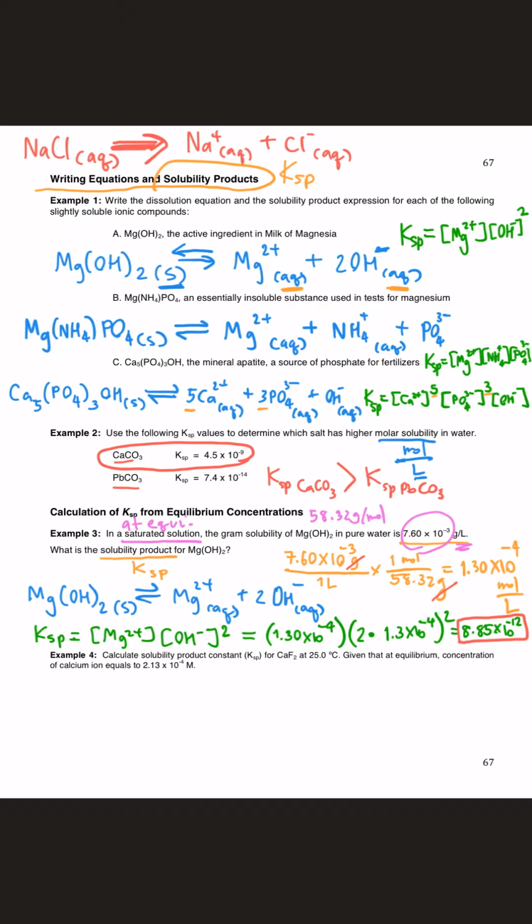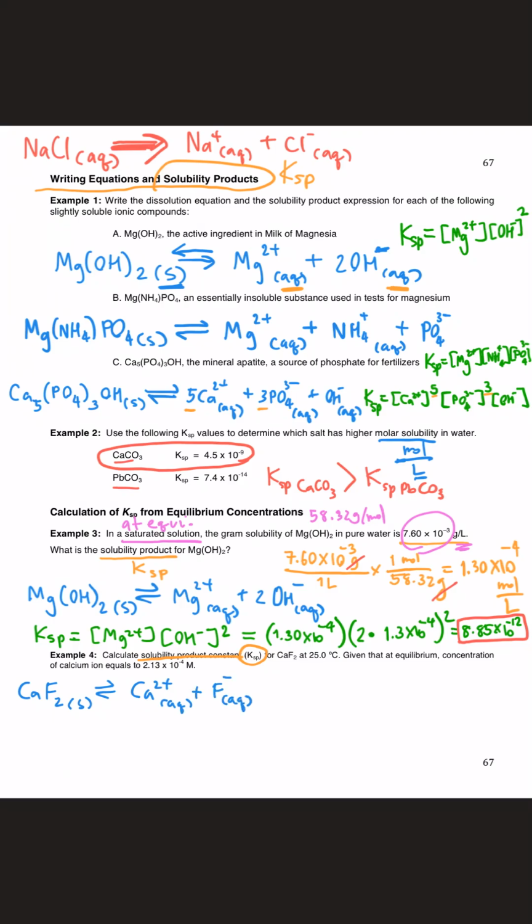Next, I would like you to pause the video and complete example 4 and then resume the video once you obtain your answer. Example 4 asks to calculate the solubility product constant, which is KSP. Therefore, in this case, first we will need to write the KSP expression to see what is involved. So I'm going to start with the ionic compound CaF2, calcium fluoride, and then we can dissociate this into calcium ion and fluoride ion.